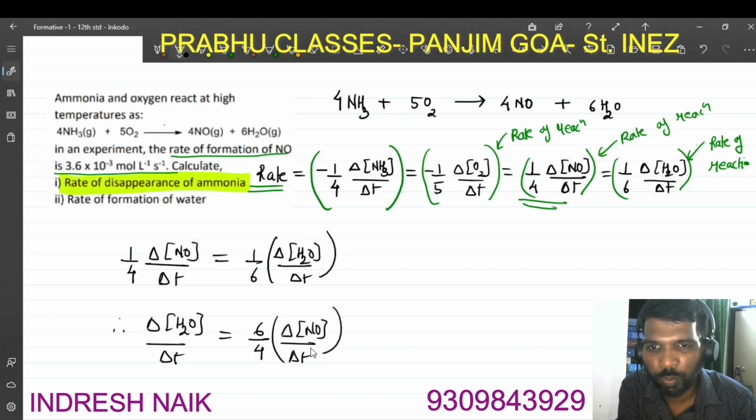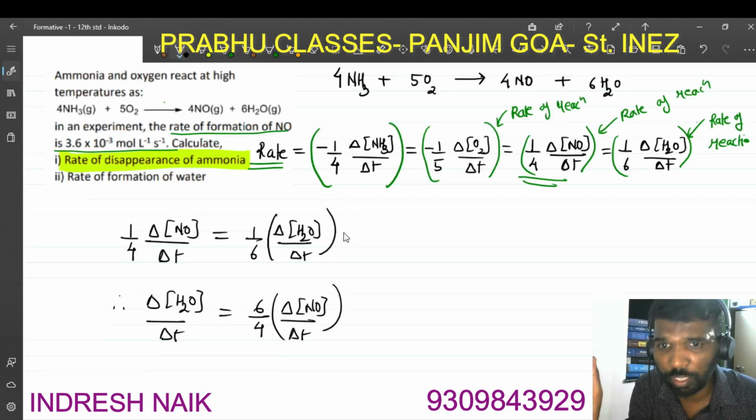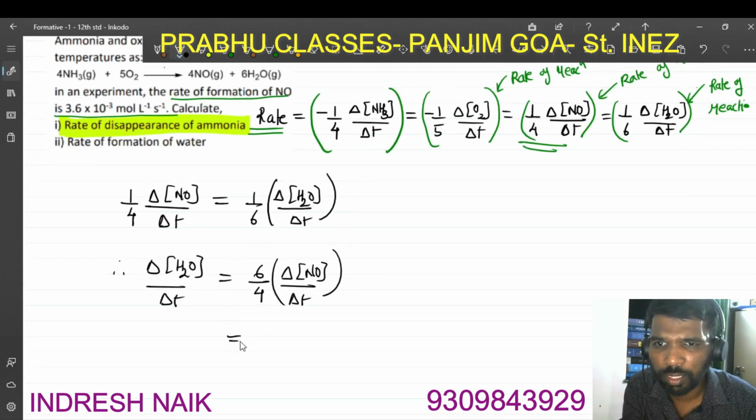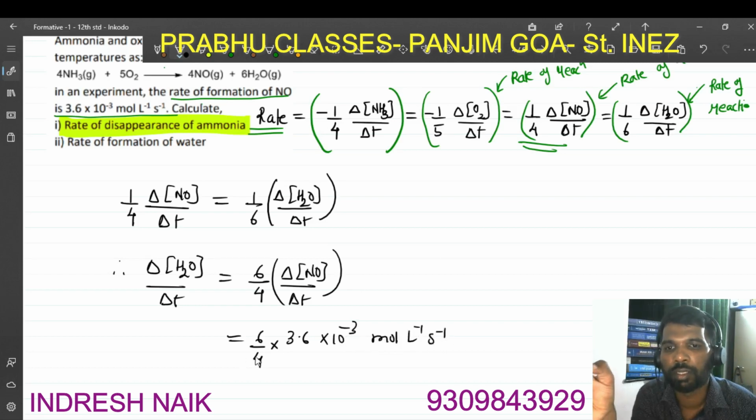This value is given, right? Delta NO by delta t is the rate of formation of NO. So what would be the answer? 6 by 4 into 3.6 into 10 raised to minus 3, unit will be moles per liter per second. So this will be 0.9 into 6, how much?